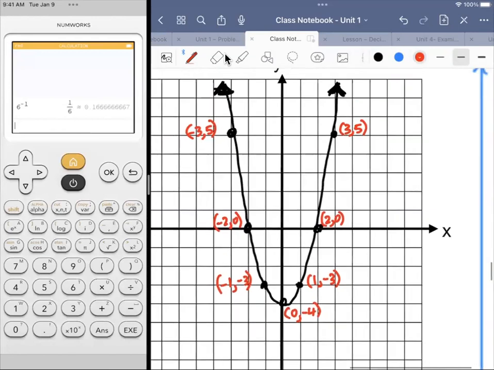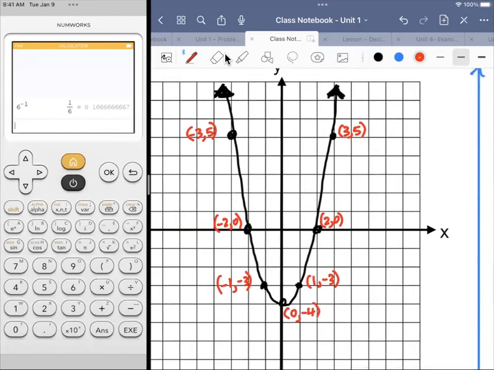So we could plot all those points backwards. I would plot (-4, 0), which would put me right here. (-3, -1), (-3, 1). So I'm just doing a switcherooski on these. Instead of (-2, 0), I'd plot (0, -2).